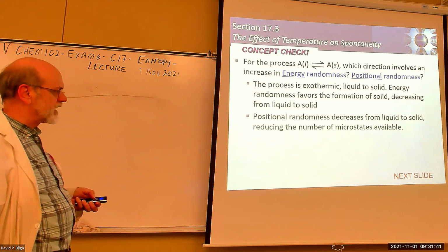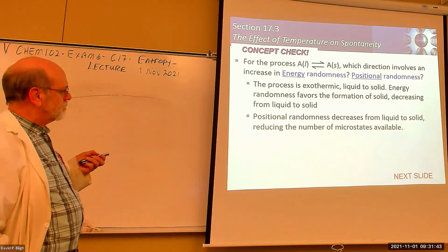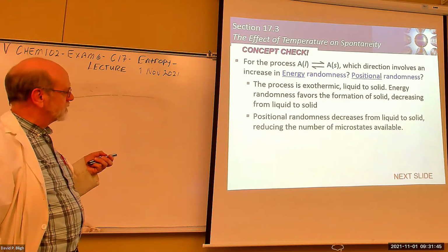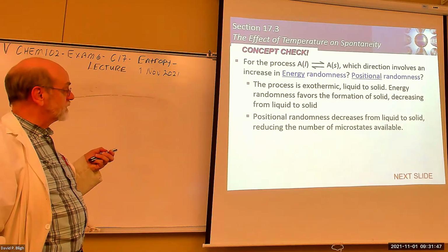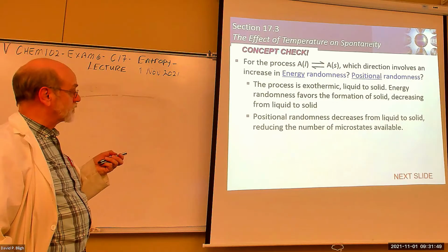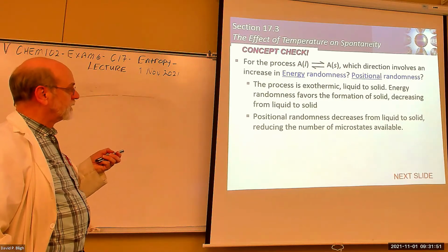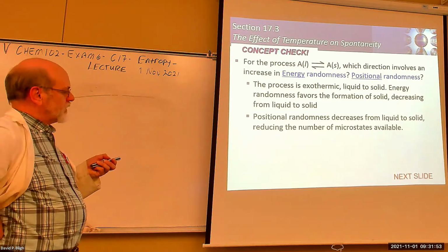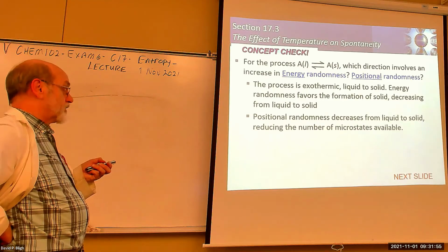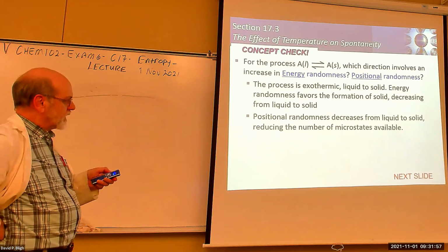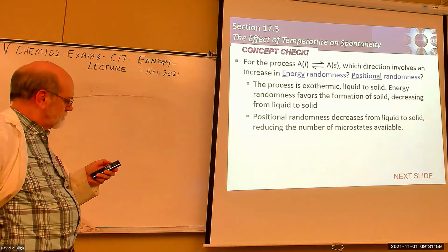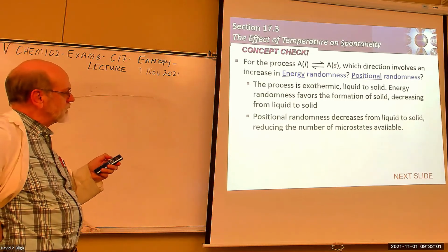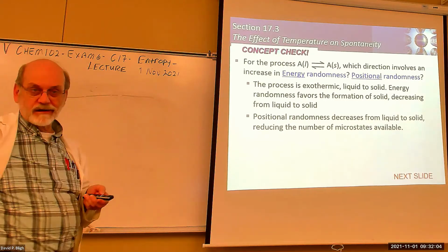So I see what they're saying. When you're expelling energy into this environment, you're increasing the energy randomness for the whole system surroundings. Whereas the positional randomness goes the other direction. So I'm thinking that there's a balance here. So which one is bigger?